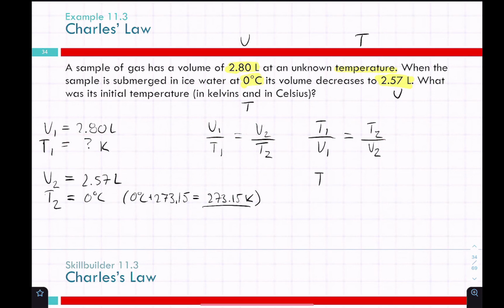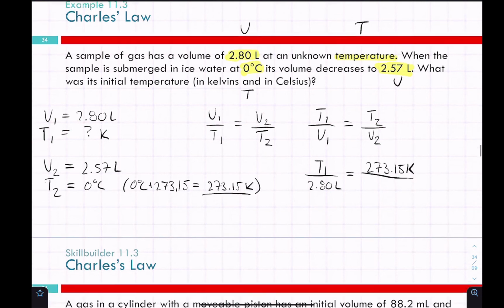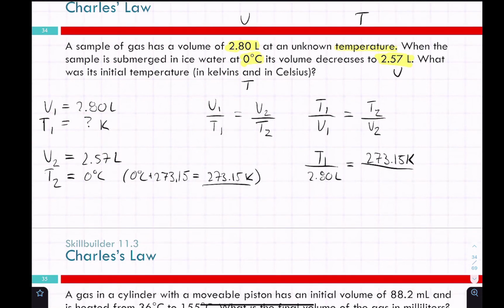And we can say T1 over our volume 1, which is 2.80 liters, equals T2, which is 273.15 Kelvin, it has to be in Kelvin, over our volume, 2.57 liters.